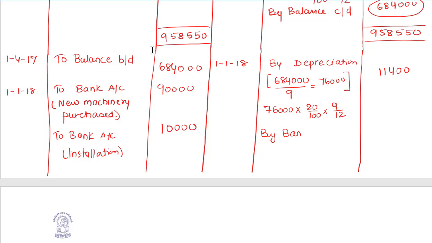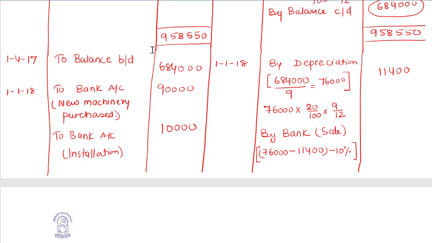So we will calculate the selling price now, by bank sale. 76,000 minus depreciation, that is 11,400, is the real value. Minus 10%.